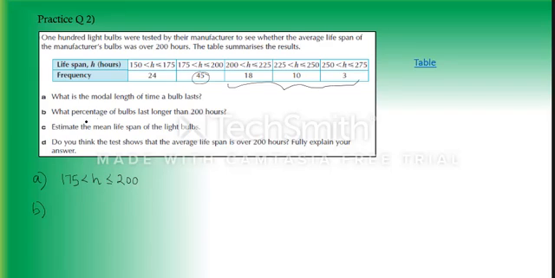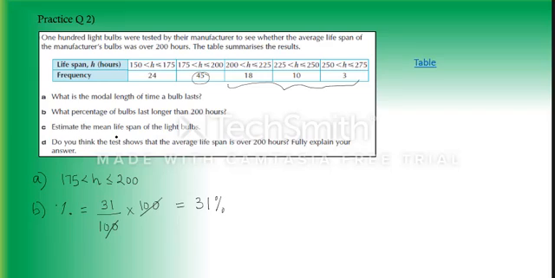So the required percentage will equal 31 divided by the total number of bulbs, which is given to be 100. So 31 divided by 100, further multiplied by 100 since we are doing a percentage. So the 100 and the 100 cancel. The final answer to part B is 31%.